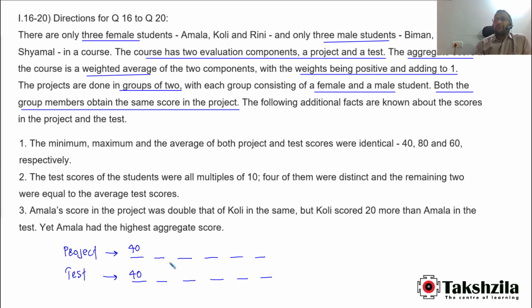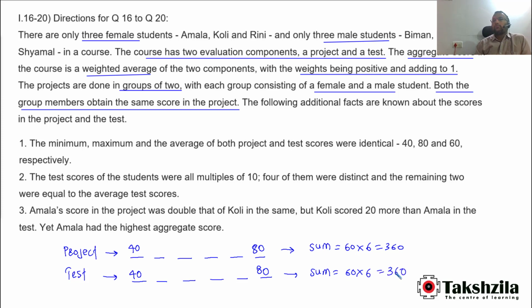The maximum of project marks and the maximum of test marks is 80 and 80. And the average is equal to 60 in both cases. Average equal to 60 means the sum is 60 into 6, that is 360. Over here also the sum is going to be 60 into 6, that is 360.